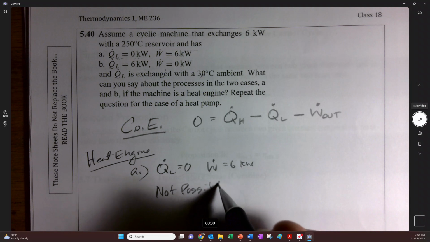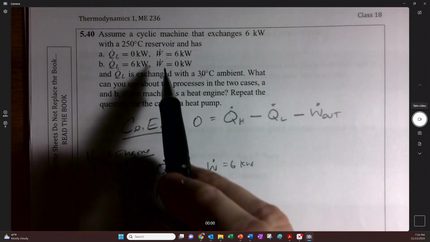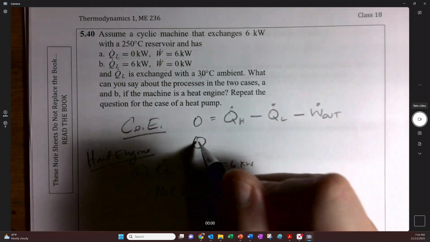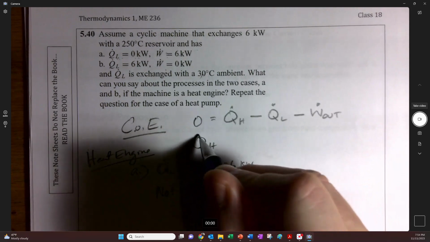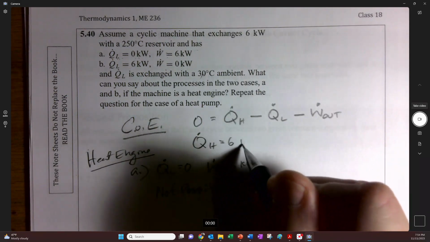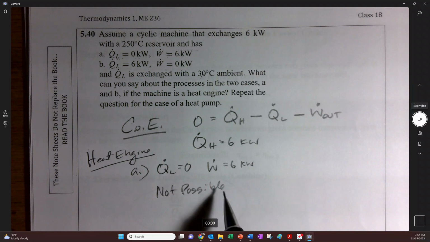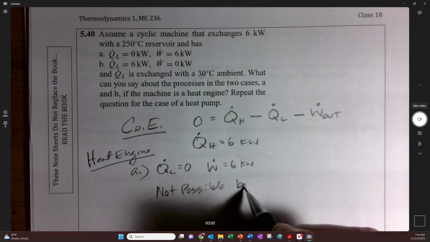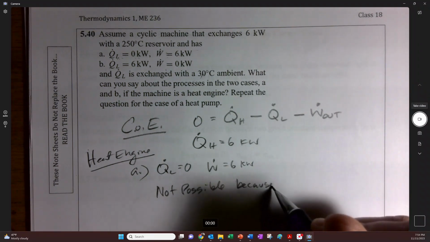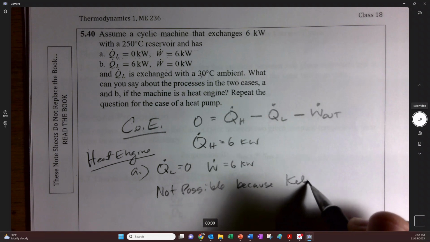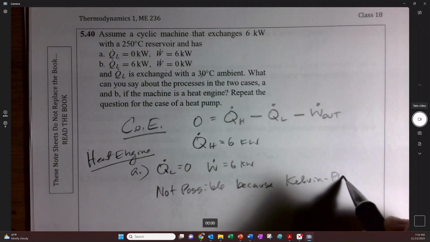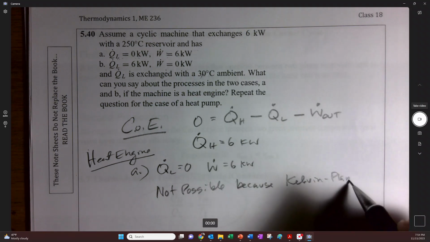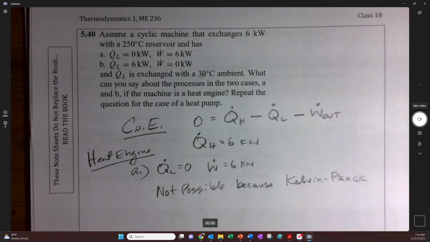You can't get all of the heat in, which in this case right here, we're saying that the QH is going to be 6 kilowatts. So not possible because of Kelvin Planck's statement. I wrote down that it was Kelvin Planck, so I couldn't remember which one was which. I think Planck has an extra C in it.